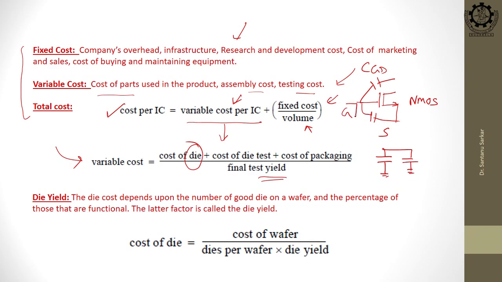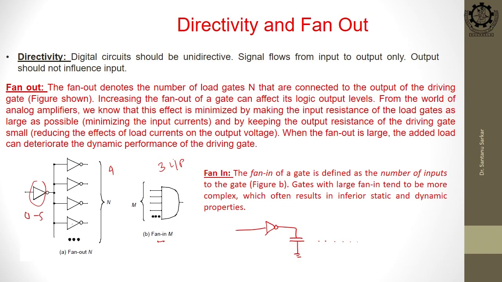The wire will also have some cap, right. The connecting wire will have cap, so if you have more gates, there is more wire cap, and each gate adds some cap. So if you have more, this will become large.